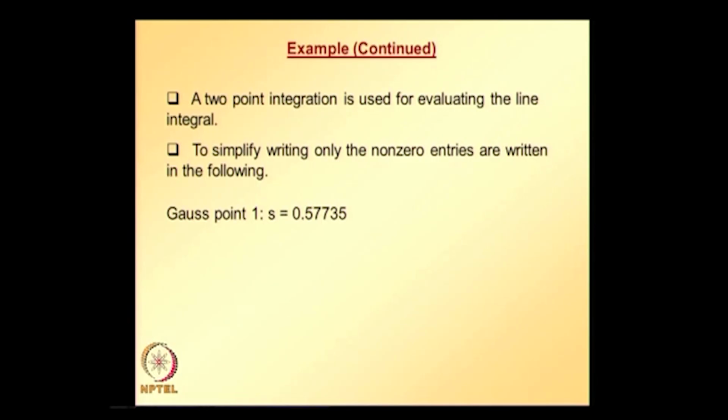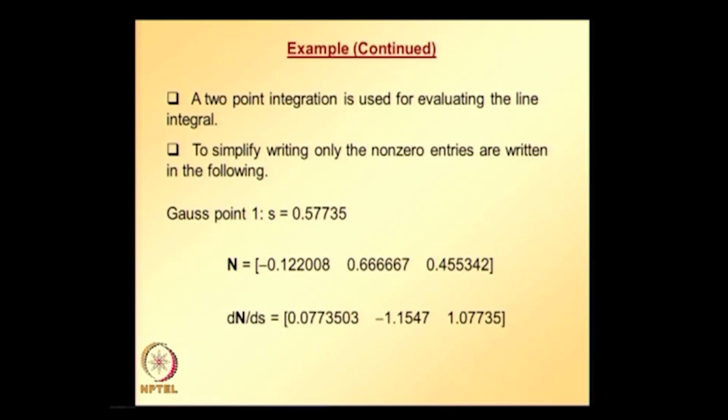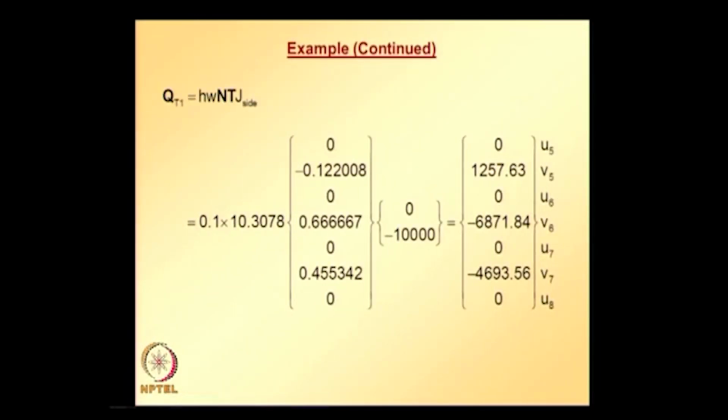So, 2-point integration is used to evaluate this line integral to get the equivalent nodal load vector. For the first integration point, we have the shape function vector, which comprises the shape function values of nodes 5, 6, 7, and the derivative of that, and the Jacobian.